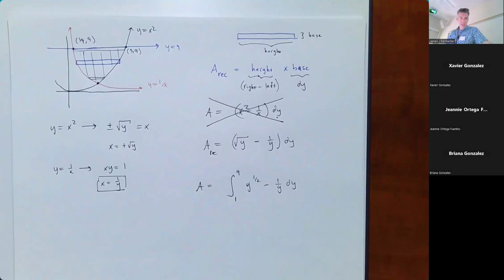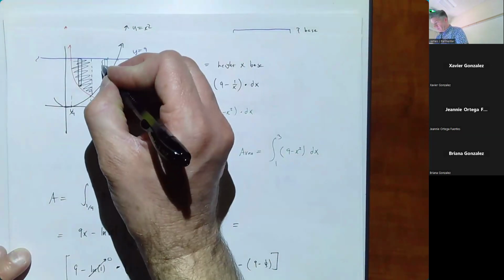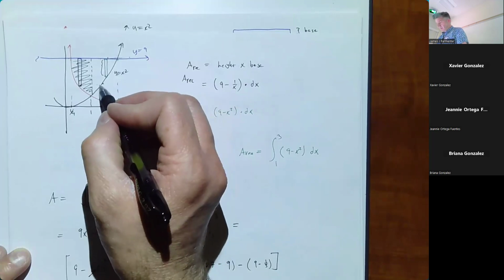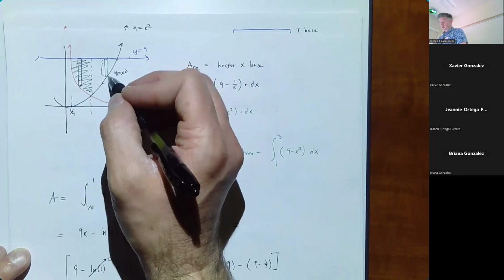And someone asked me, can you explain why 9 minus x squared dx, and the same thing for the other area? Sure. Sorry, that question was a little bit ago. The reason we did 9 minus x squared over here was because the height of this rectangle was the top function, y equal to 9, minus the bottom function, y equal to x squared.